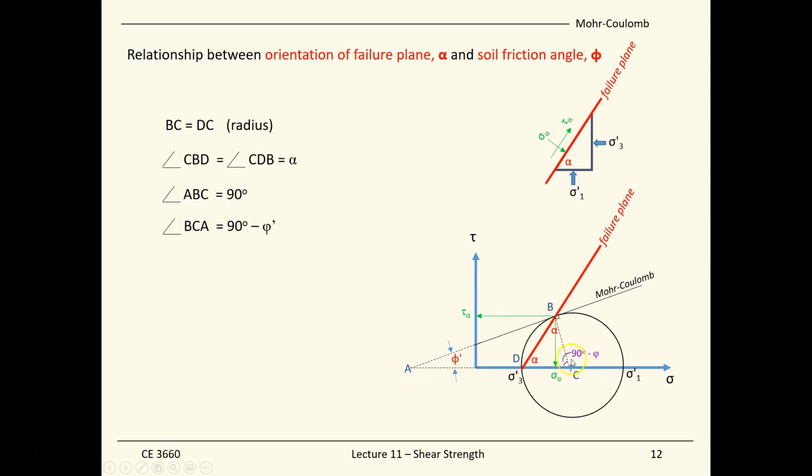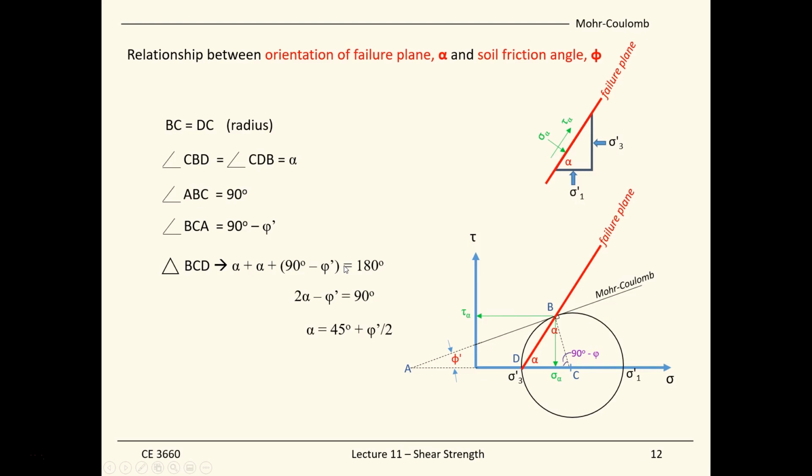So we know this angle, which is 90 minus phi. So if we go back to the triangle BCD, by summing all the angles, we get the angle sum of 180 degrees. So now we get the equation that is in terms of both alpha and phi.